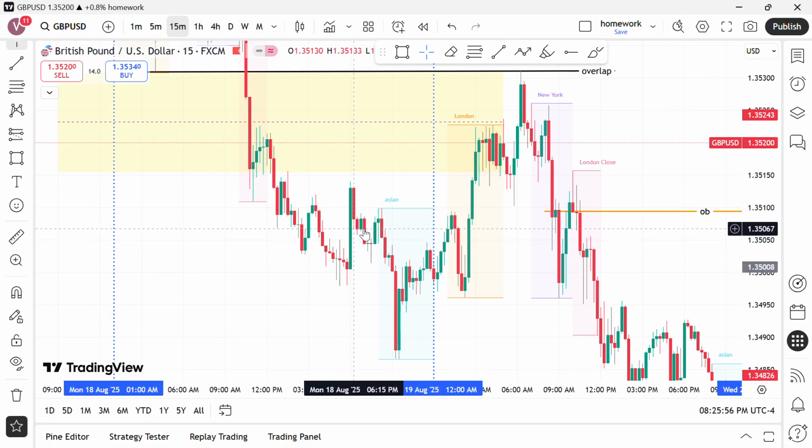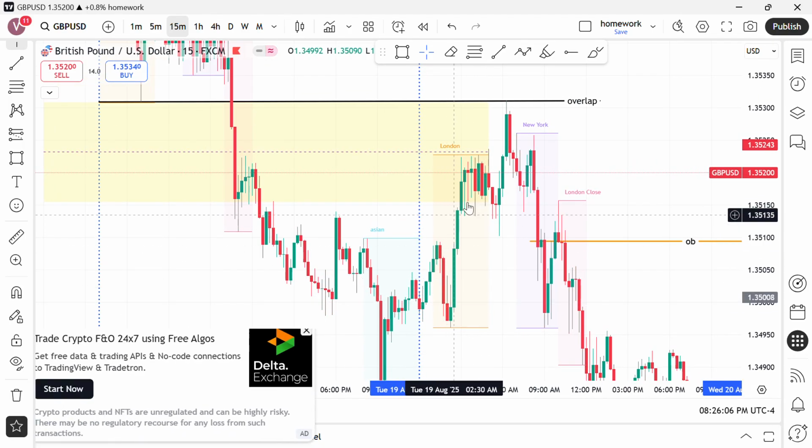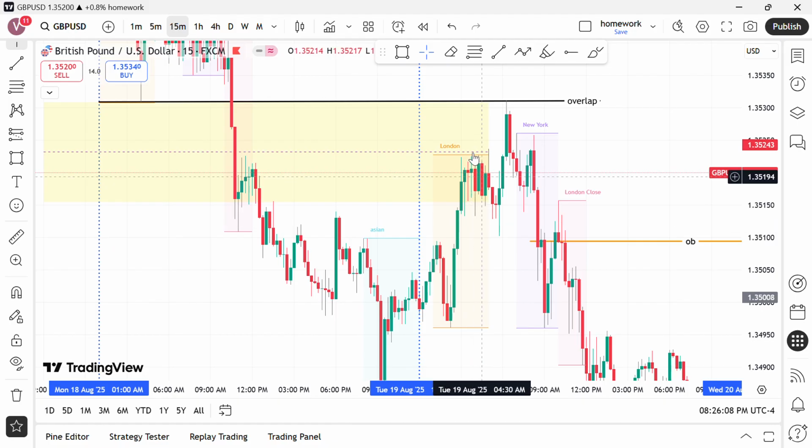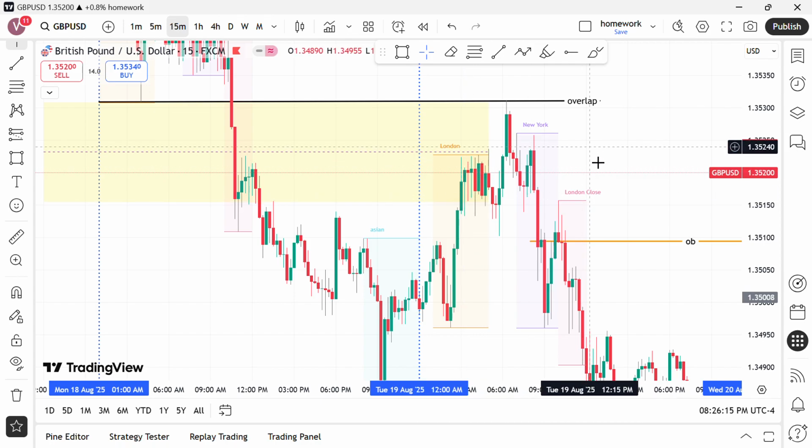As you can see, Asia went down, swept the previous low, and then started coming back up. The London session, the first session of Tuesday, gave us an upward move.